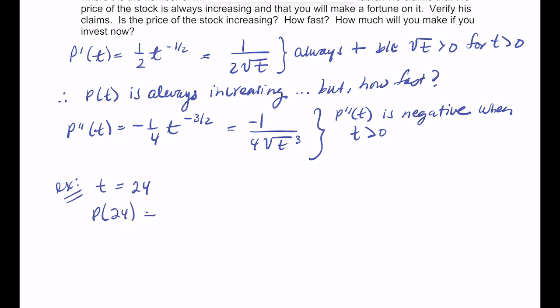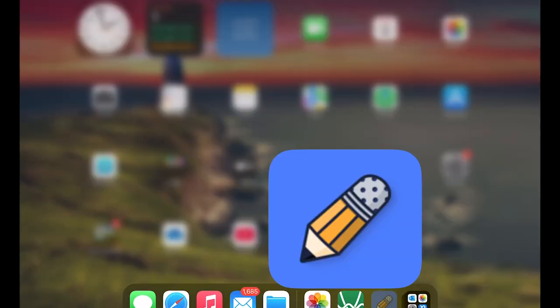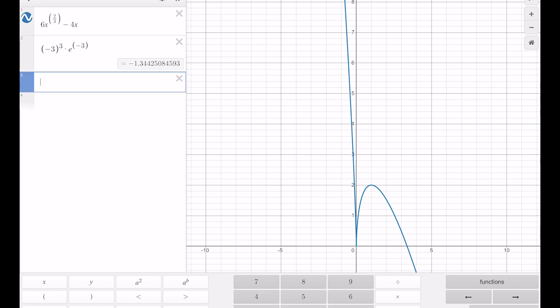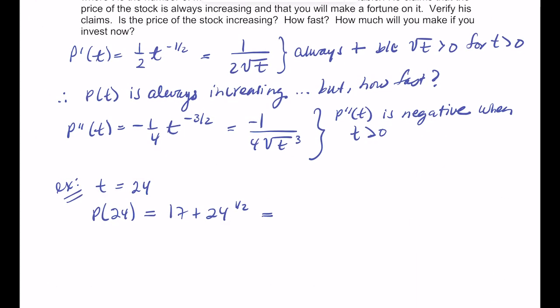So P of 24 would just be, let's see, 17 plus 24 to the 1/2 power. And if we need a calculator for that, 17 plus 24 and then to the 1/2 power. Remember to put the 1/2 in parentheses. We get 21.898, so it's about $21.90.